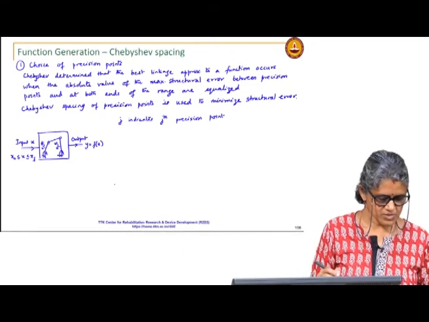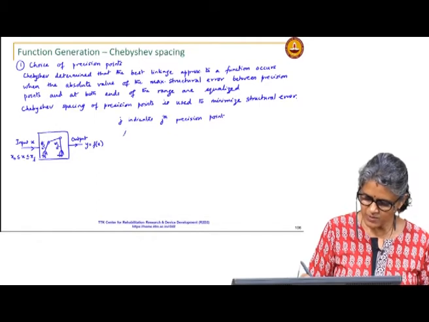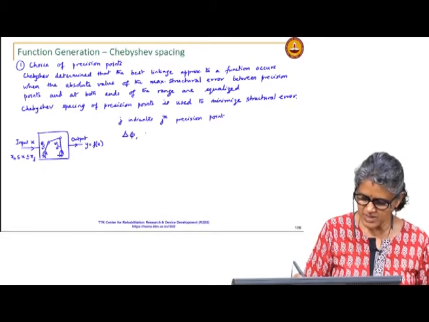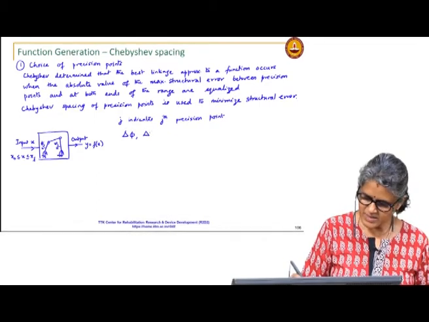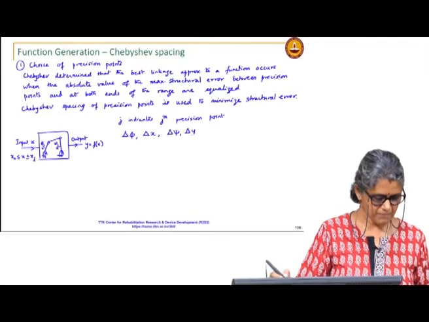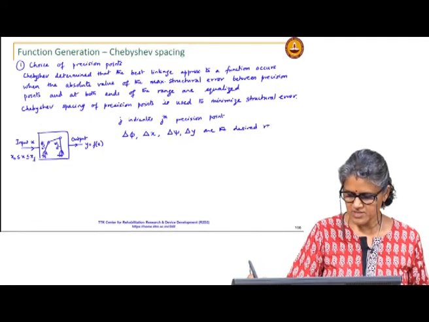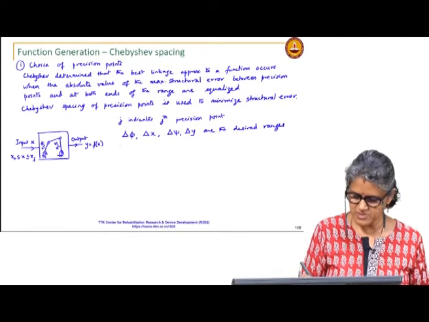Okay. So, if I look at delta phi, delta x, delta psi and delta y are the desired ranges of the different variables.